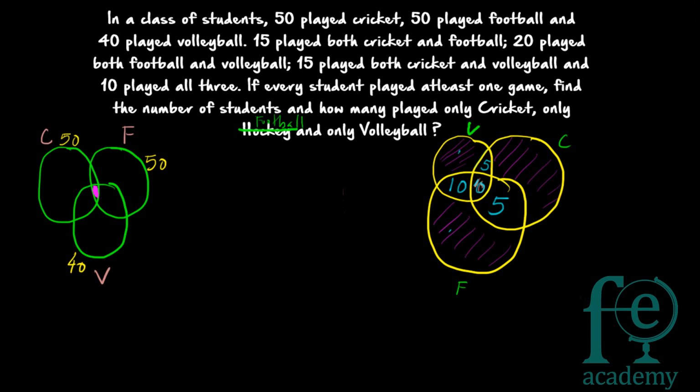Similarly, for three events you will have the formula for N of A union B union C. That means those who are participating in either A or B or C, or two of them, or all three.